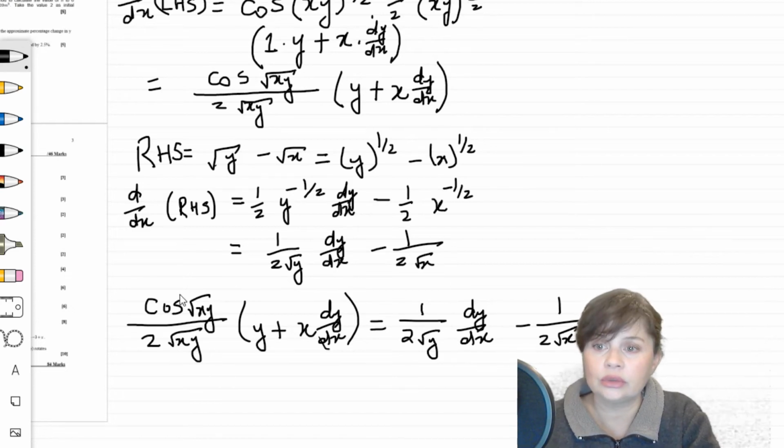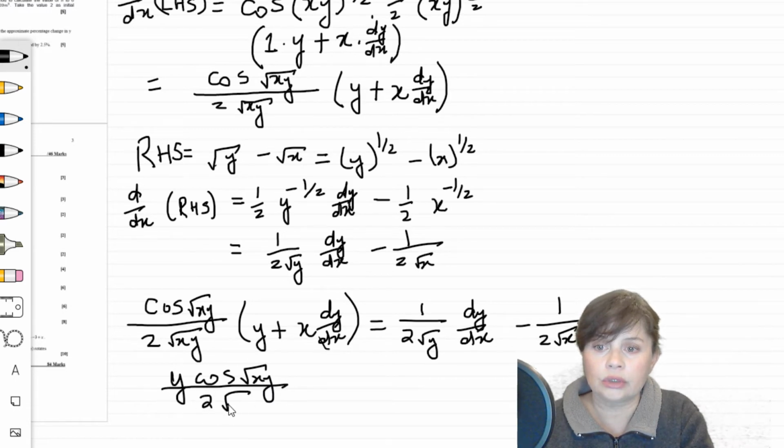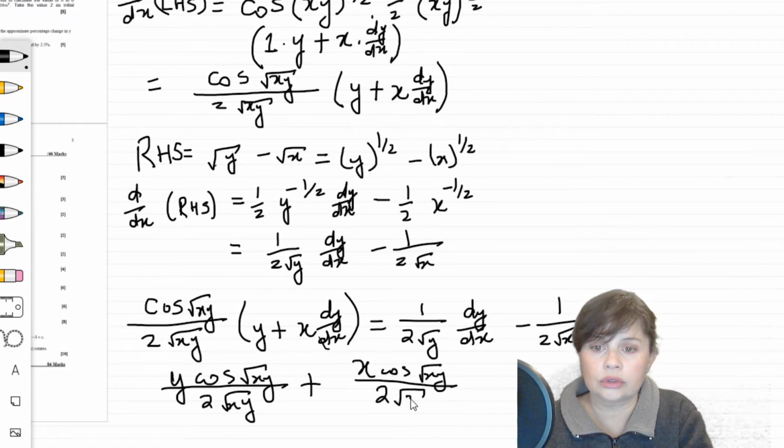So what I'm going to do is first multiply this bracket out. So I'm going to have y cos square root of xy over 2 square root of xy, plus x cos square root of xy over 2 square root of xy dy dx.